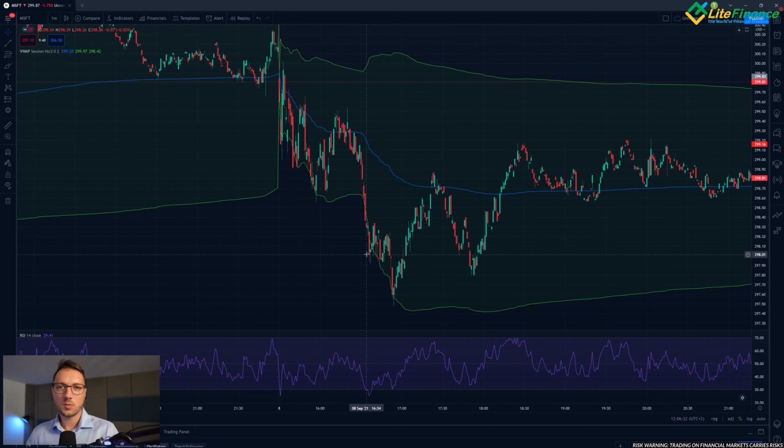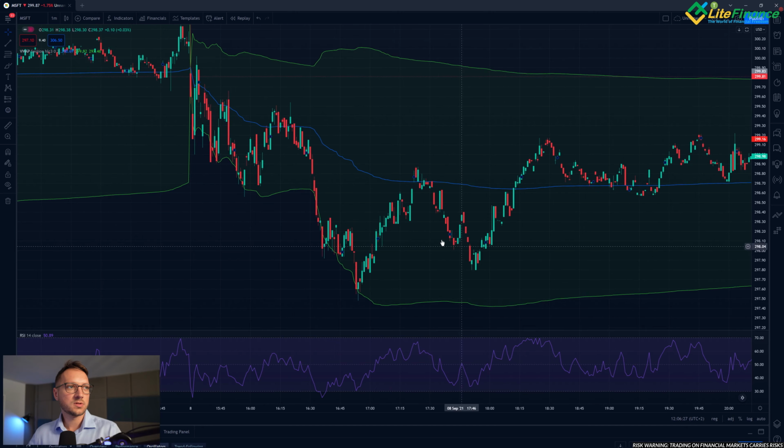Okay, as for the opposite direction signal, we have the moment here when, for example, the price was trading below the VWAP. We have in this session the first moment when we went down below the 30 level on the RSI.